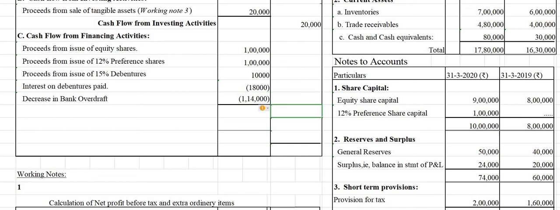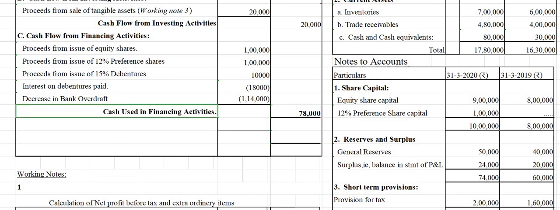Now financing activity is over. We can add all the plus items, and from that the total of minus items can be deducted. We will be getting 78,000. So this 78,000 is the cash used in financing activities. Then all the three activities are over.